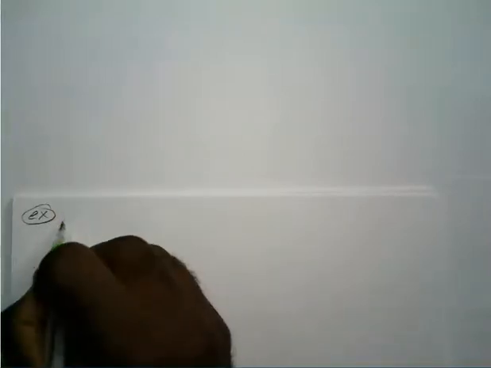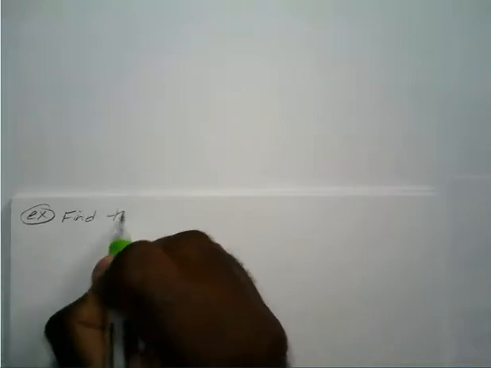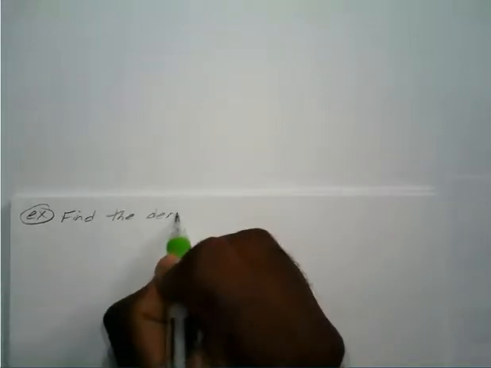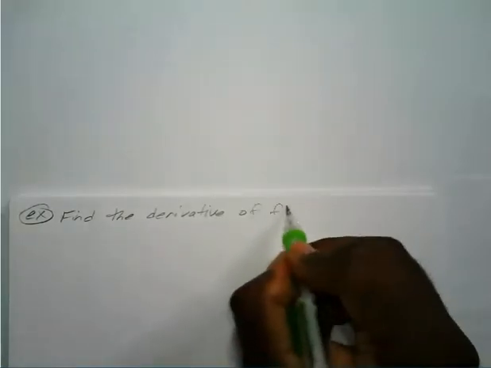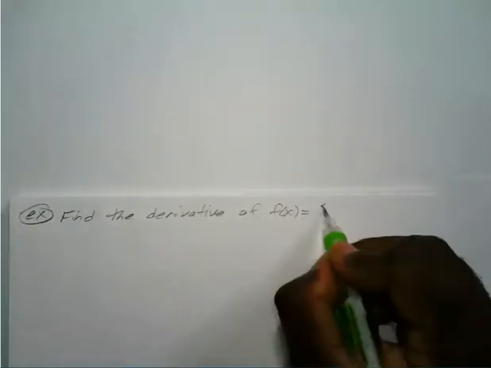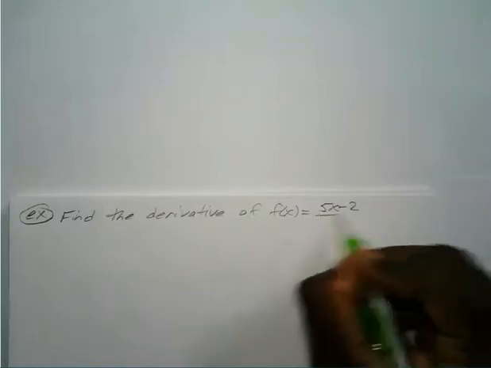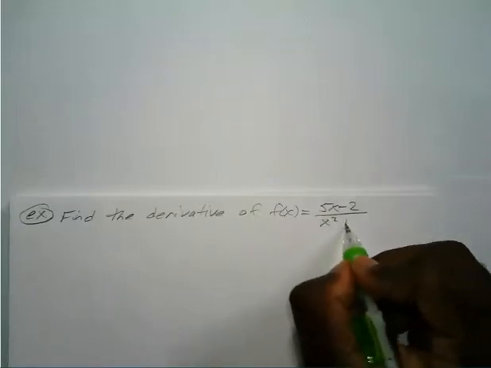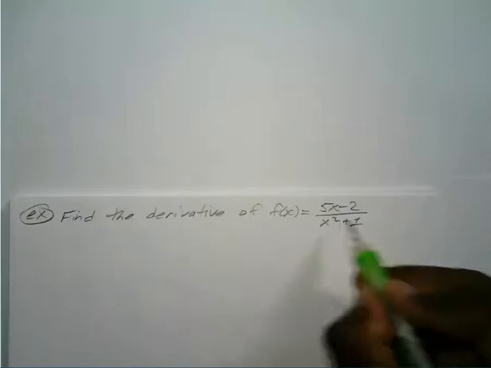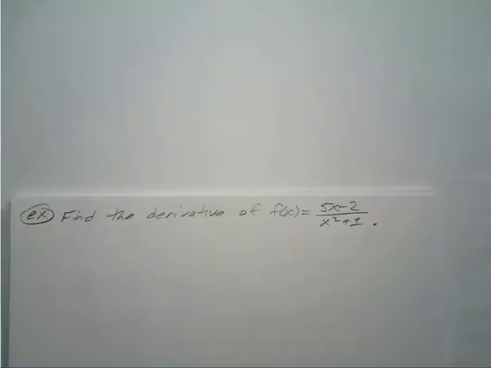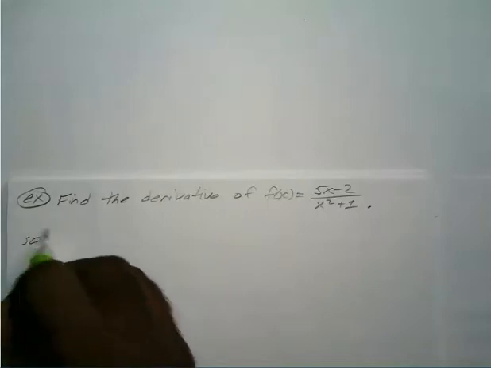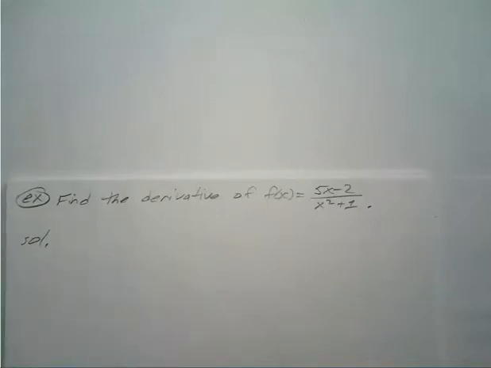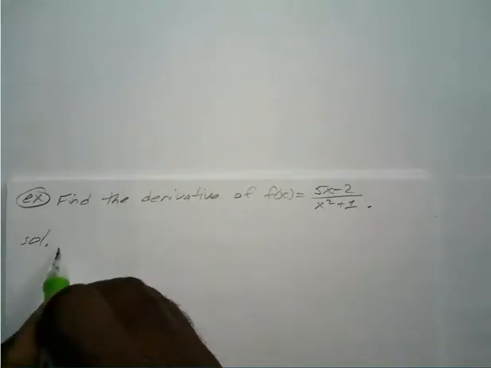Okay, so let's say for this example, you want to find the derivative of f of x is equal to 5x minus 2 over x squared plus 1. Okay, so the first thing we're going to do is look at our quotient rule.